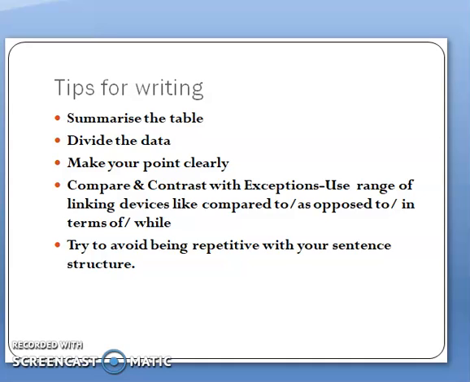How you structure your paragraph determines your efficiency in writing. Next, compare and contrast with exceptions. You can use a range of linking devices like compared to, as opposed to, in terms of, while. Try to avoid being repetitive with your sentence structure.